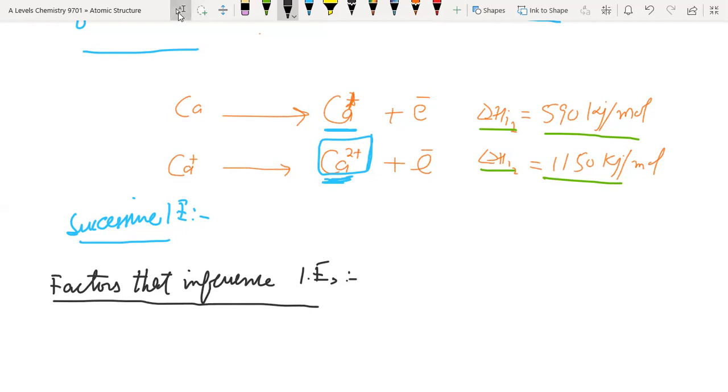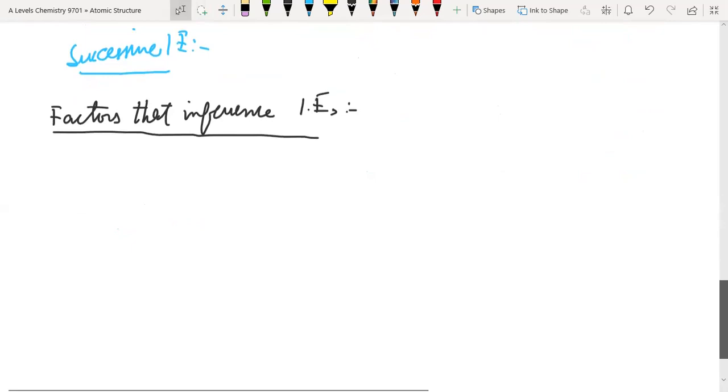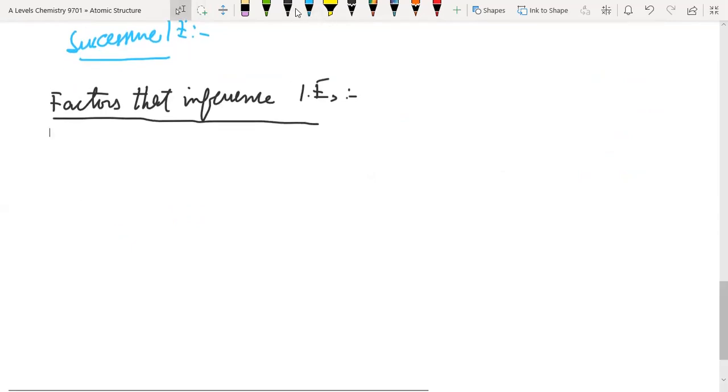These are, number one, size of the nuclear charge.